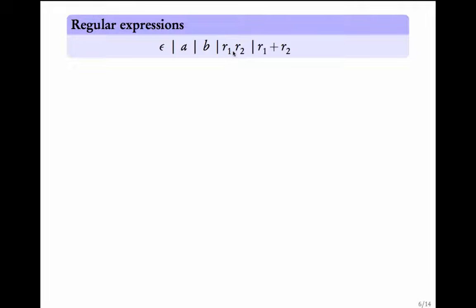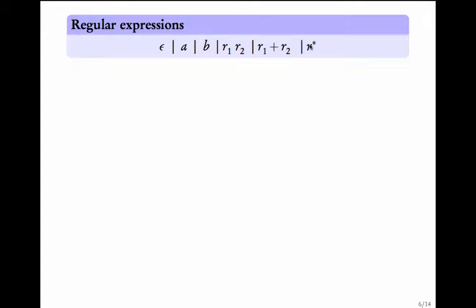Similar to sigma dot sigma, here instead of sigma you have a language, R1 and R2, and when you concatenate you get the set of all words formed by taking a word in R1 followed by a word in R2. R1 plus R2 is just the union. Take the language of R1, take the language of R2, and take the language consisting of words in R1 as well as R2, just the union.